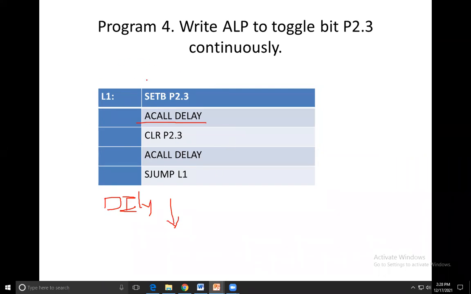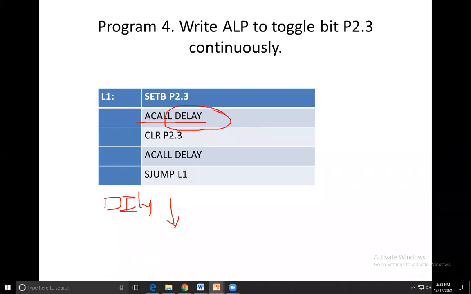When you put this program in Keil software and run it, it gives an undefined symbol error, saying the delay is not recognized. So this is the name of the delay, and we have to call the subroutine with ACALL delay, and at the subroutine you have to write down the lines.